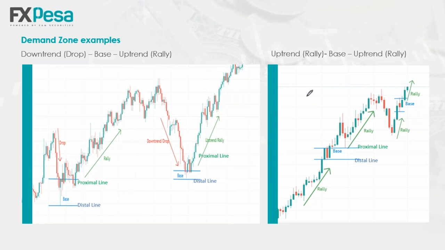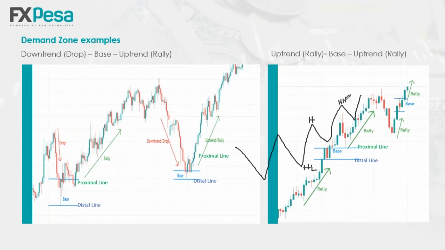As you're well aware, along an uptrend, price will tend to form higher lows. So the dips are referred to as higher lows. And it will also form peaks, which are referred to as higher highs.